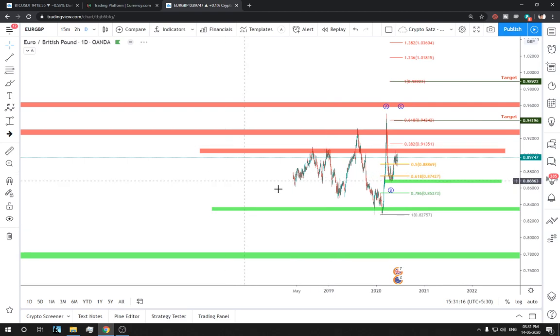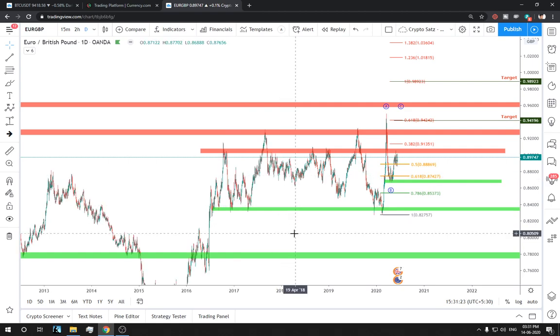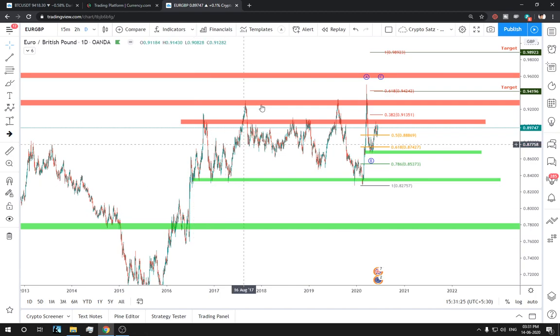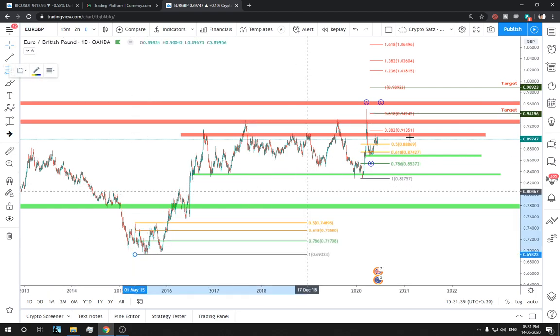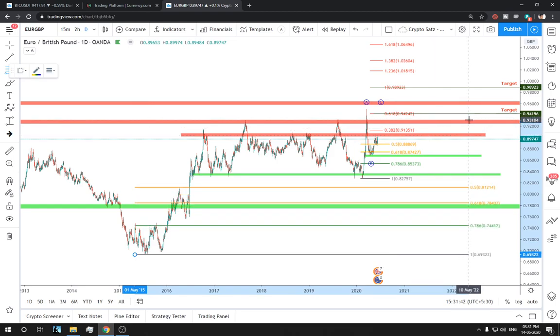Yeah, so we had a parabolic move. So this looks like an impulse wave, so we would measure. Let's see if it has touched. So it has not touched yet.